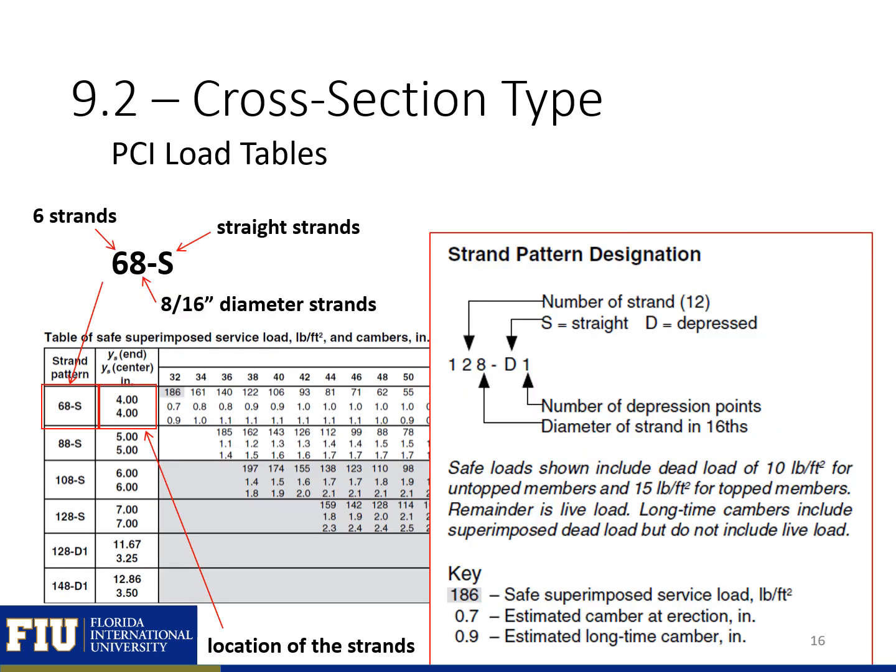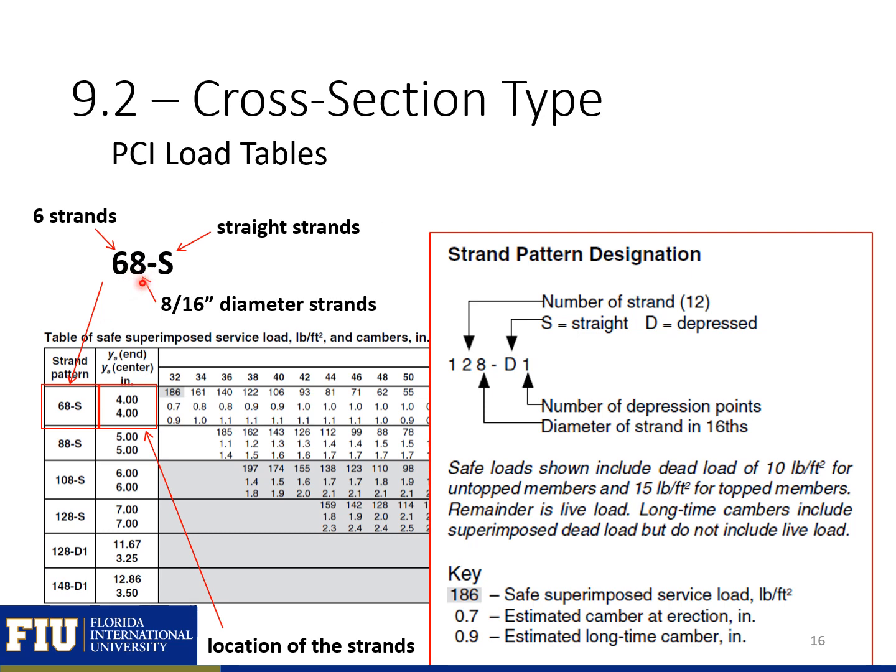The strand location is specified with this designation. The first number here tells us how many strands. So here we have 6 strands, 8 strands, 10 strands, 12 strands, and 14 strands. The next number tells us the size of the strands.